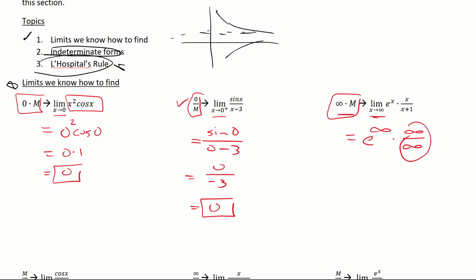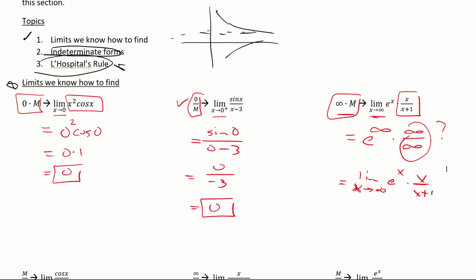Okay, so this actually, I accidentally put that one in there. This is a so-called indeterminate form, but I was kind of thinking maybe you know how to do this guy as x goes to infinity. Let's work on that one. So I've got the limit as x approaches infinity, and I'm just going to write e to the x times x over x plus 1.